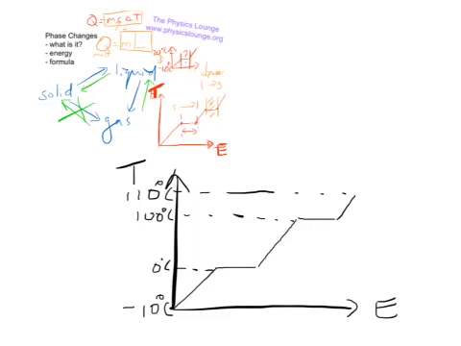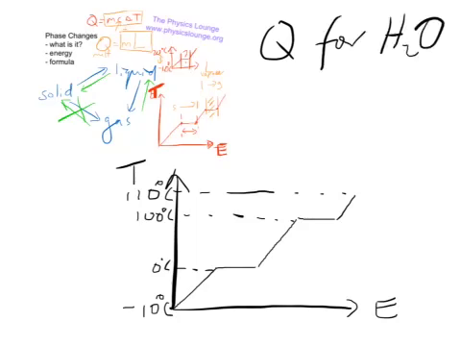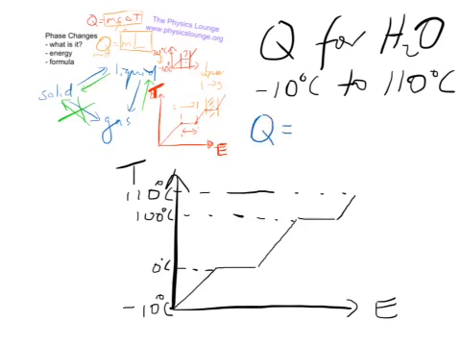So if we're trying to find the total amount of energy for water, H2O, to go from negative 10 degrees to 110 degrees, we need to use our two formulas here. Let's go into a different color. The total energy is going to be M L F, which is the latent heat of fusion, which is dealing with this phase change.